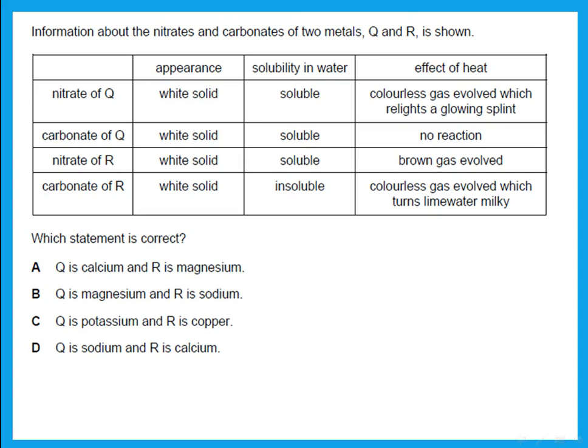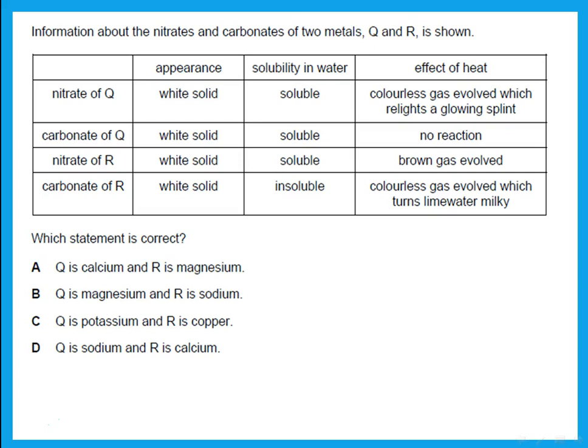So if he says nitrate of Q gives only a colorless gas that relights a glowing splint, that means it gives only oxygen as a gas, then Q must be from group 1. So Q is not calcium or magnesium. It has to be group 1. So actually my answer must be D.